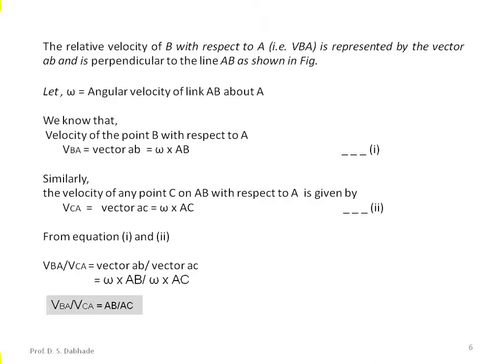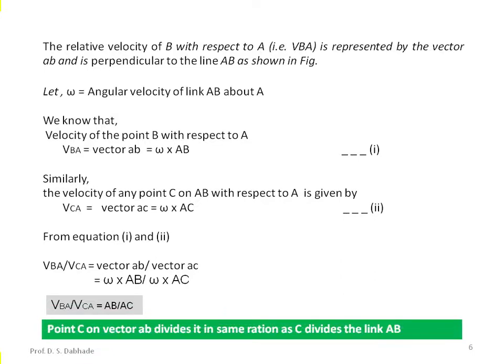So by this way we can conclude that the point C on the vector AB divides in the same ratio as C divides the link AB. In what proportion the point C divides the original link AB, in the same proportion the point C will divide on your vector diagram.